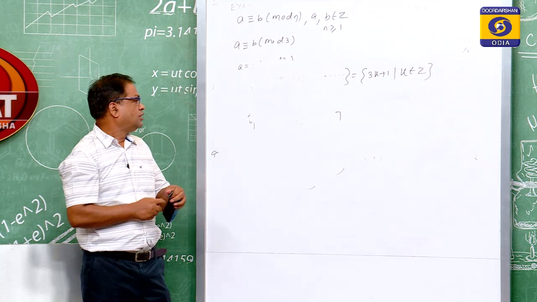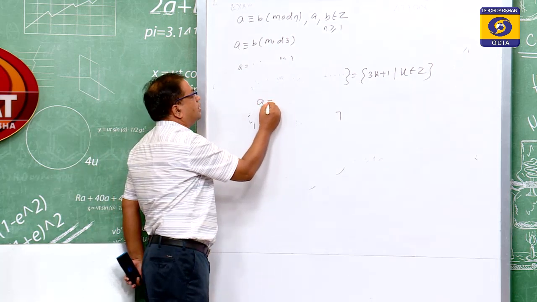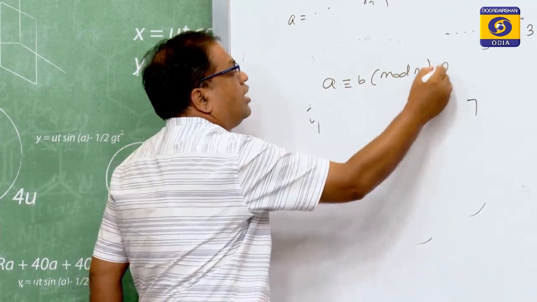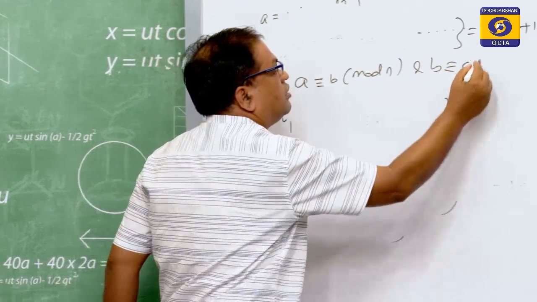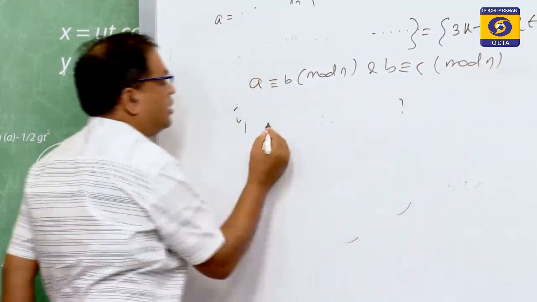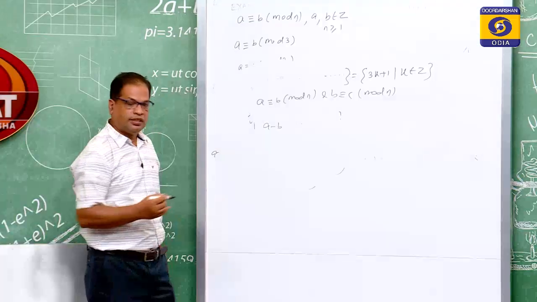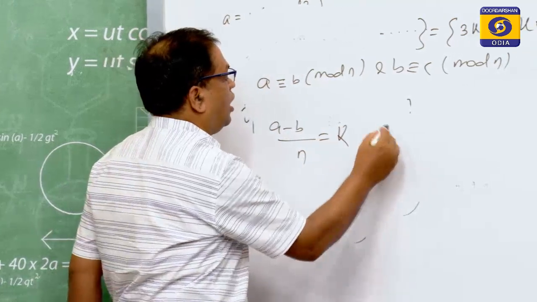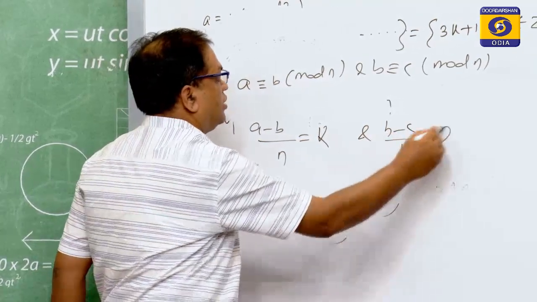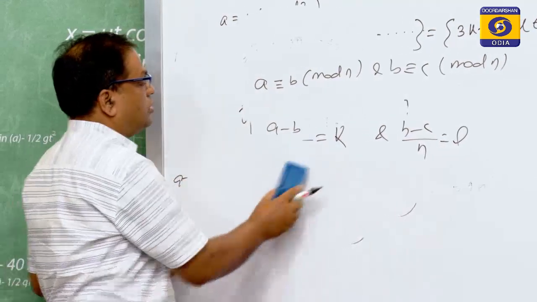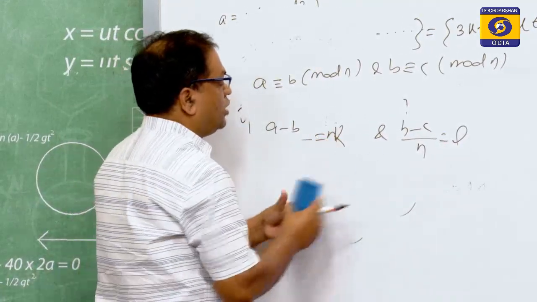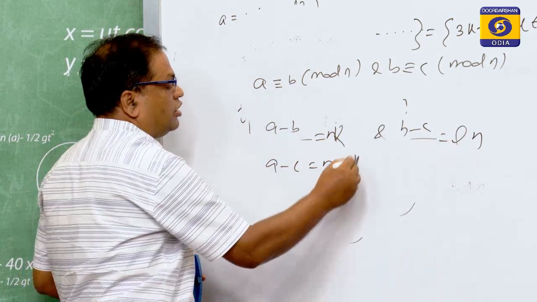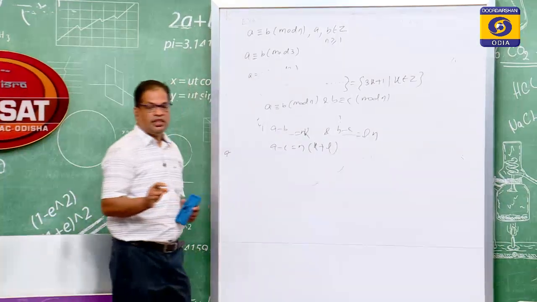So, last step I am again solving here. A is congruent to B mod n and B is congruent to C mod n. That means, A minus B is divisible by n. So, A minus B by n is equal to K and B minus C by n is equal to L. So, A minus B will be n K and B minus C will be n L. Now, if you add, then A minus C will be n into K plus L, which I have already explained to you.